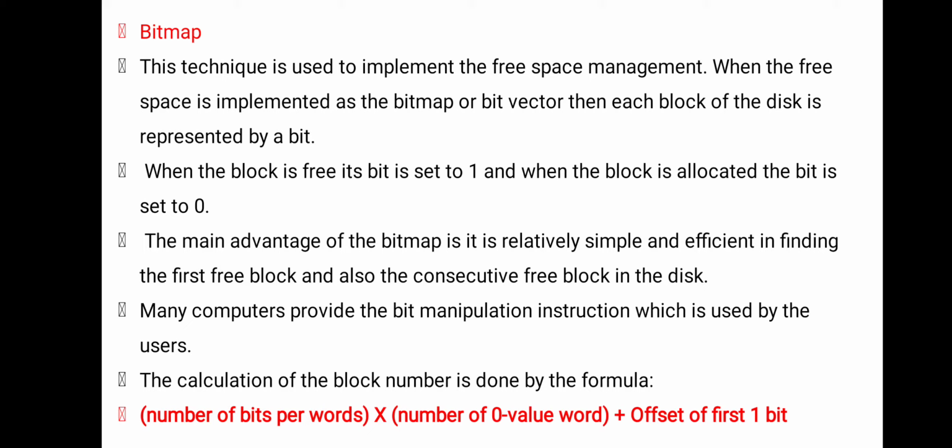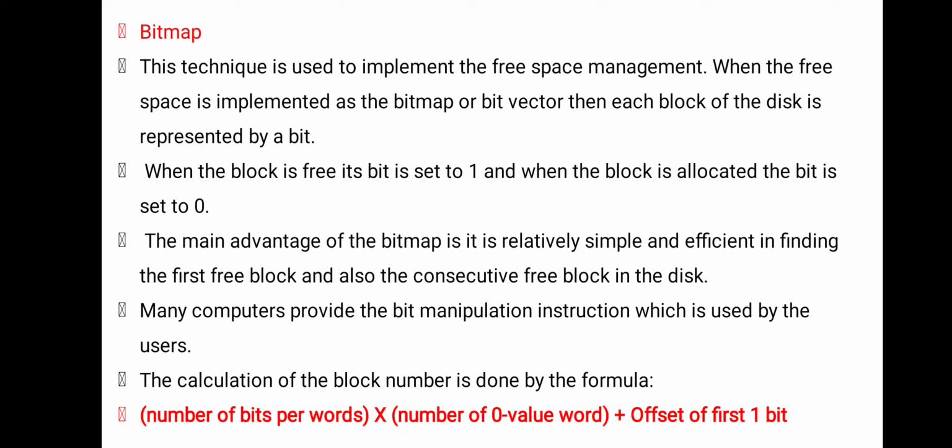That's why we call it a bitmap. You have to observe this point: when the block is free, its bit is set to 1, and when the block is allocated, the bit is set to 0.